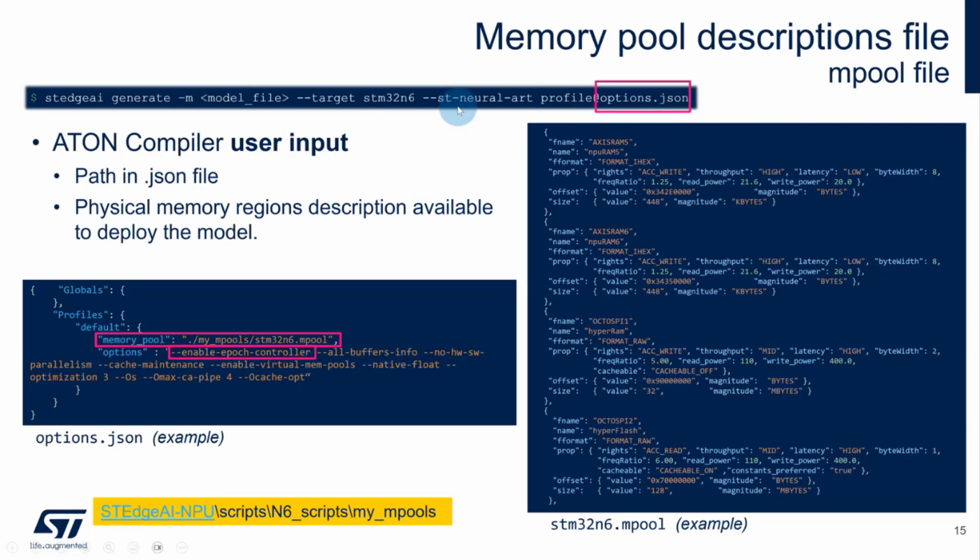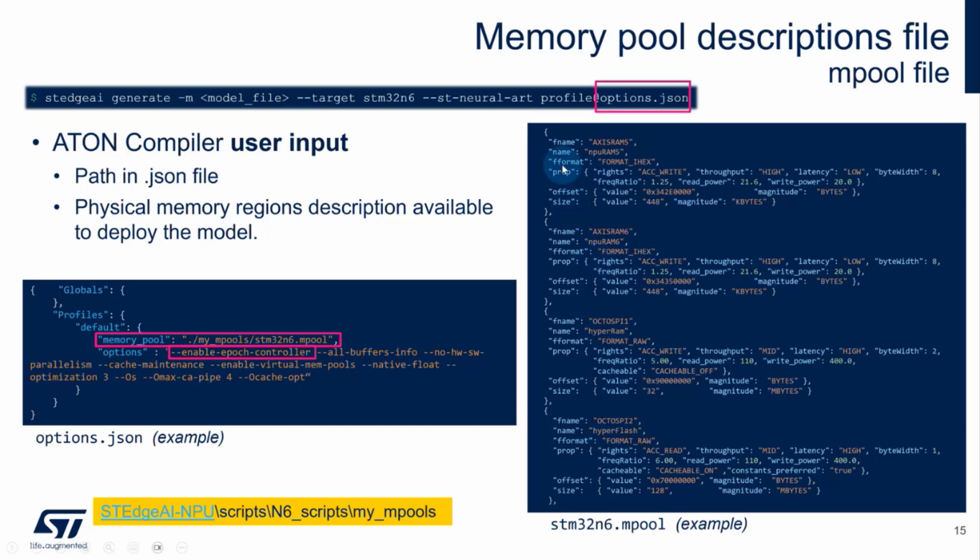Let's come back to this input memory pool description. I was talking about throughput and latency. Here is an example of a memory pool, an mpool file.